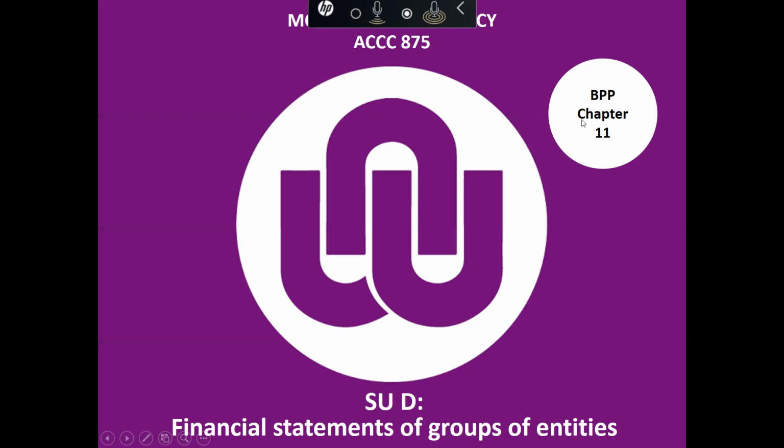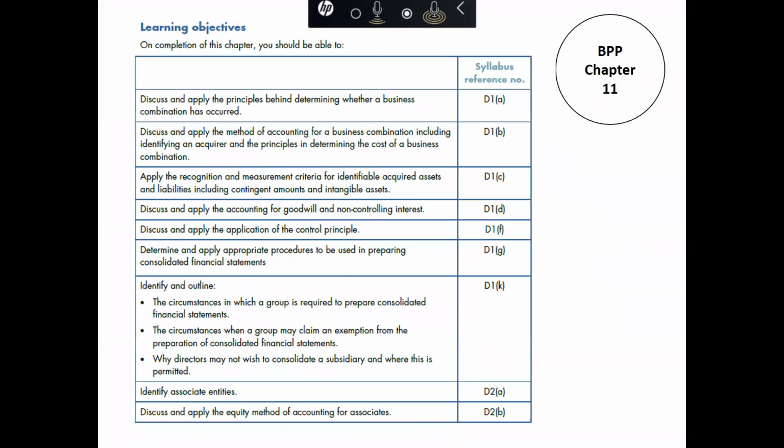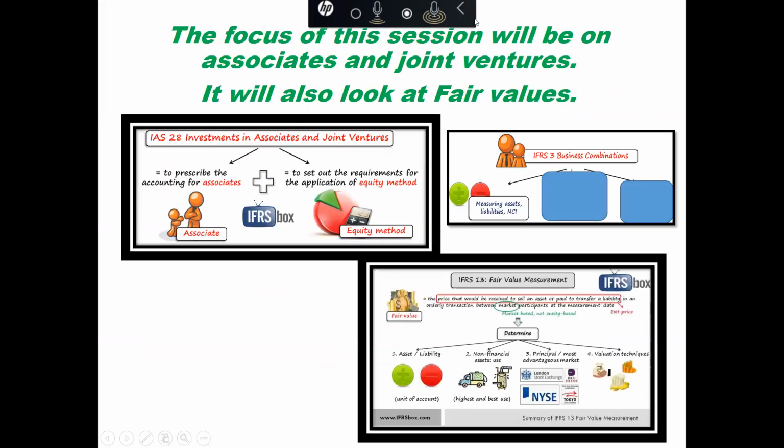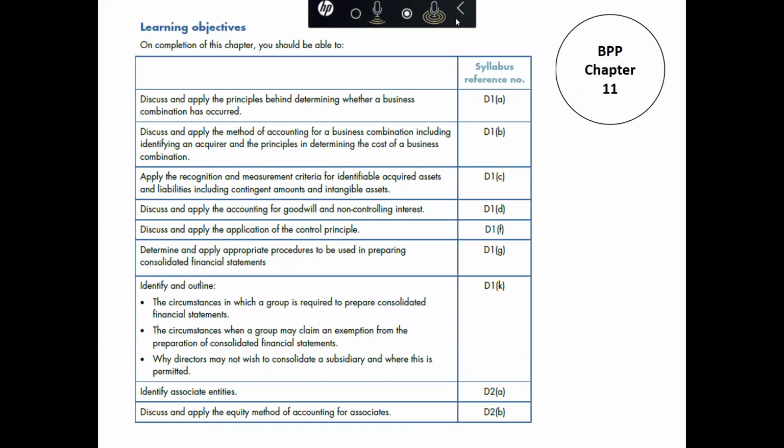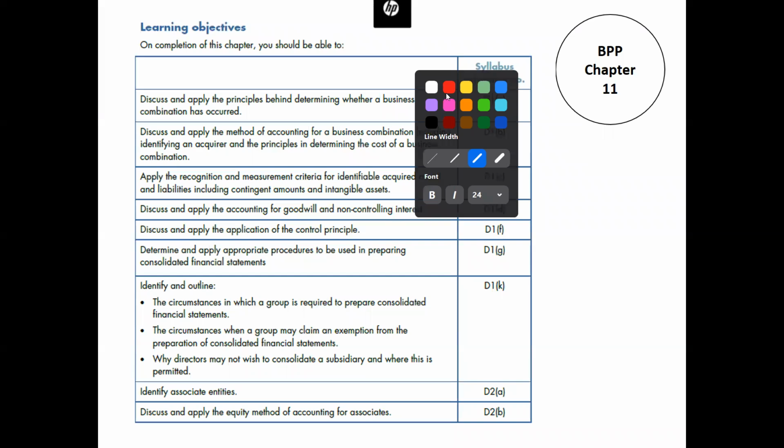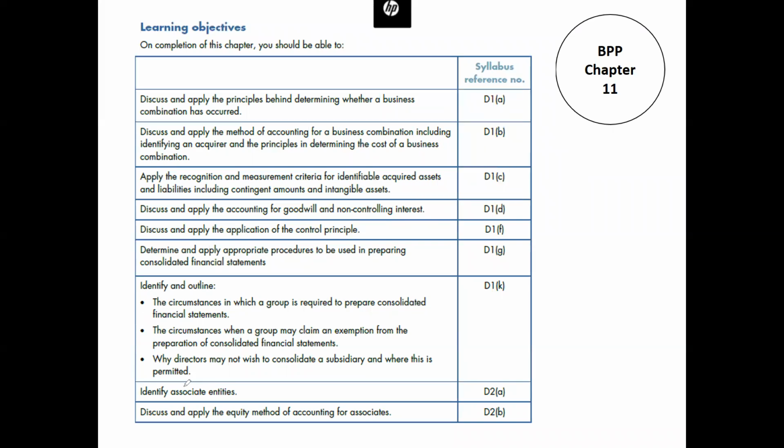Within chapter 11, you will see there's a part looking at subsidiaries, and then we get to associates. So please go back to chapter 11, making sure you understand the part on associates. The part specifically linking to associates, as we already said in the first part of our video for our first section, is that you need to be able to identify an associate, and discuss and apply the equity method for an associate.